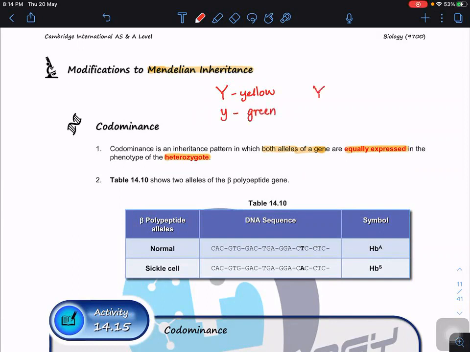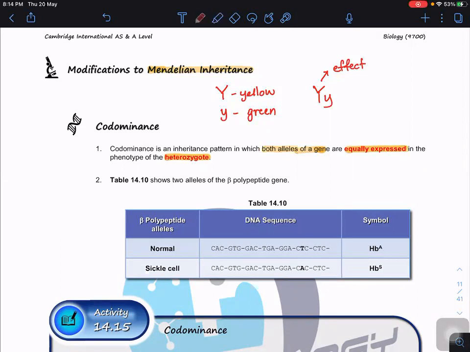Whenever big Y and small y are together, big Y always shows its effect, because the dominant allele masks the effect of the recessive allele. That's why green cannot be shown. But in the codominant case, both are equally expressed, so you're going to have both characteristics in one cell.